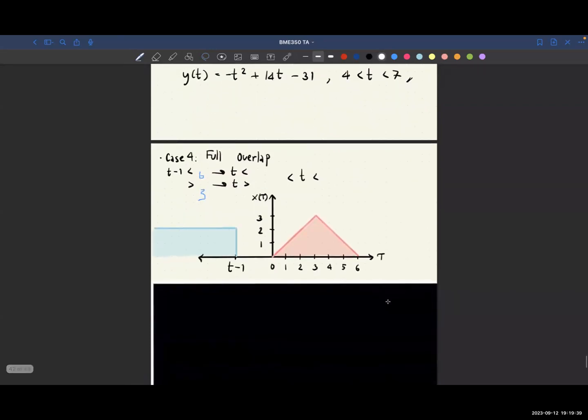And we're going to look at the last scenario here, full overlap. Would anyone like to help me try putting the boundary condition here, for full overlap?